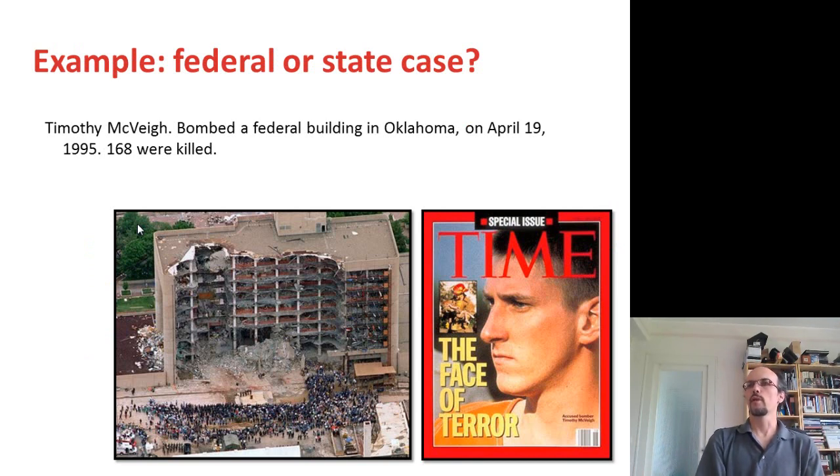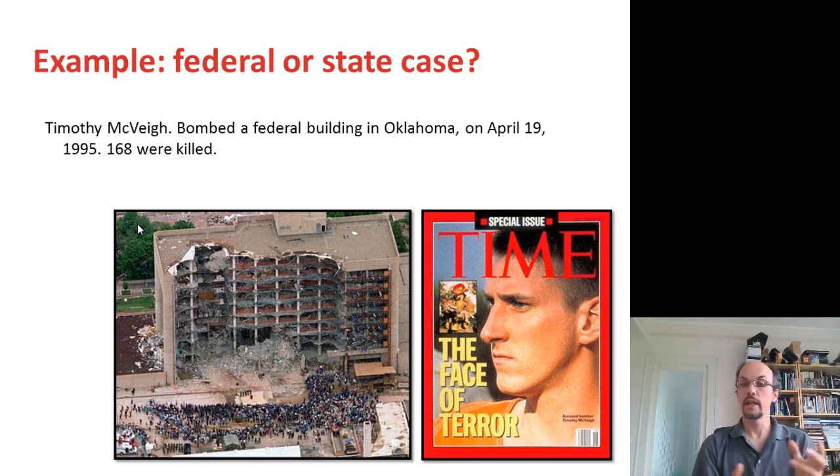Let me give you an example of the articulation between federal and state laws. Timothy McVeigh. Timothy McVeigh was an American terrorist, very much against the federal government. So he organized an attack on a federal building in Oklahoma on the 19th of April 1995. He killed 168 people.